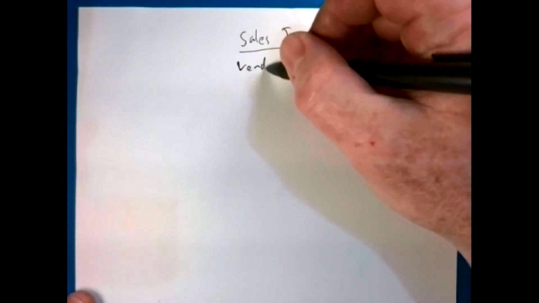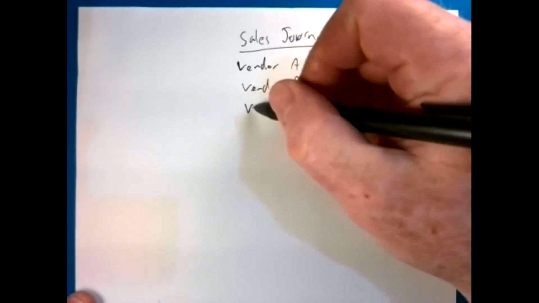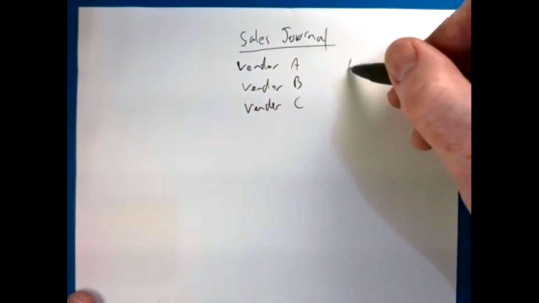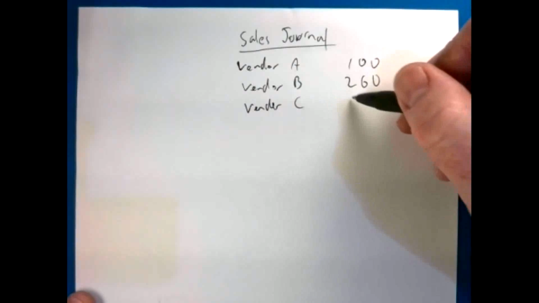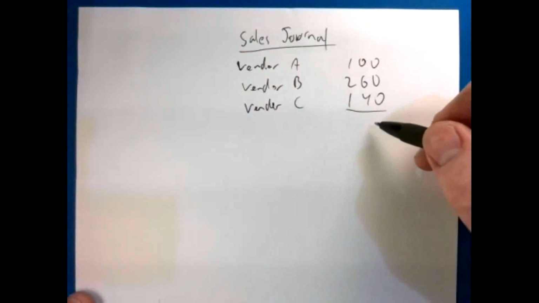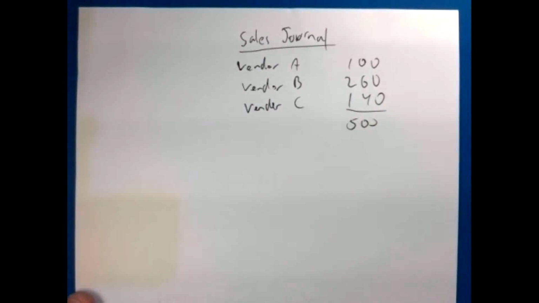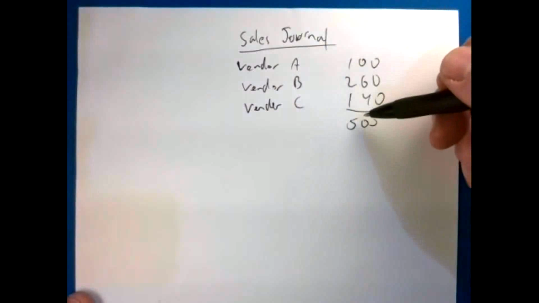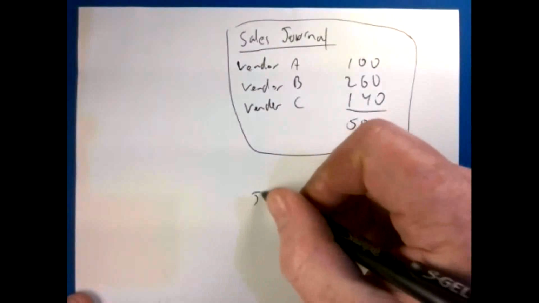So you have vendor A, B, and whatever the amounts are that each of those do for the day, whatever that is, 500, 500. What will happen is, you'll just enter it in here.